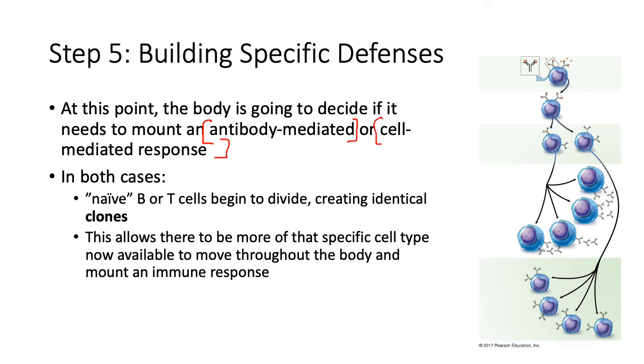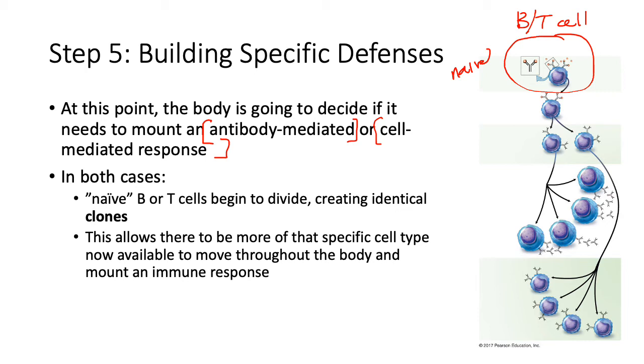But in both cases, what's going to happen is what's being shown in this diagram: as soon as either the B or T cell, in this diagram it could be either, sees that chemical, these are considered naive or immature.